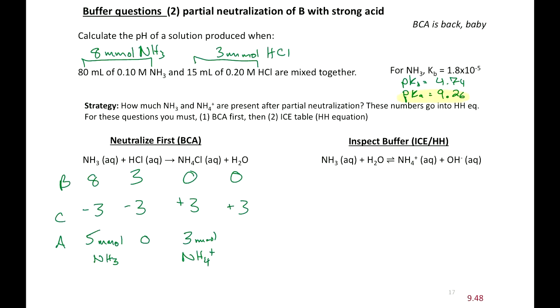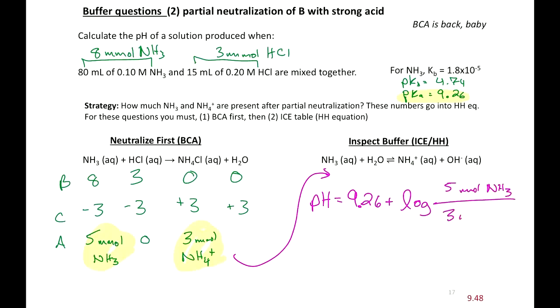So our base to acid ratio this time is what? It's not 8/3, it's actually 5/3, because we partially neutralized, we consumed some of that base to make conjugate acid in this buffer. So these two numbers are going into the Henderson-Hasselbalch equation, all right? So pH equals pKa 9.26 plus log base over acid, so this time it is 5 millimoles of ammonia over 3 millimoles of ammonium, base over acid.